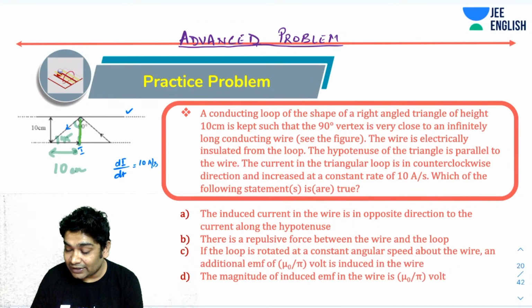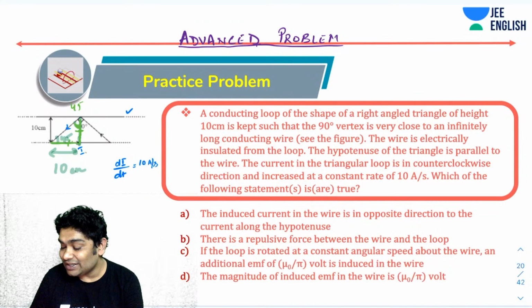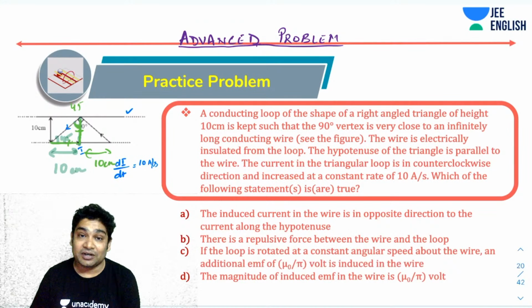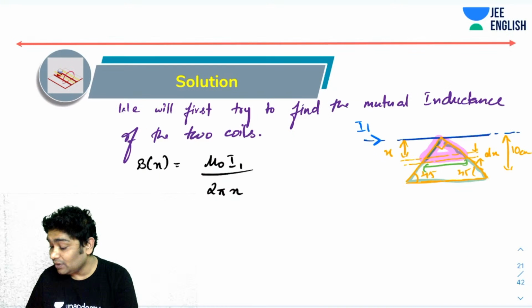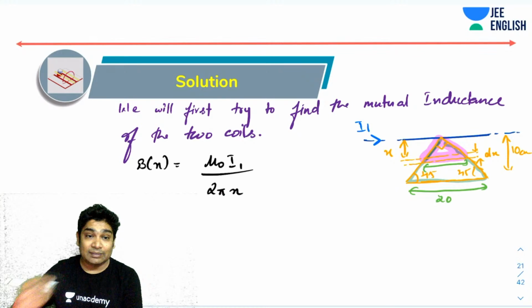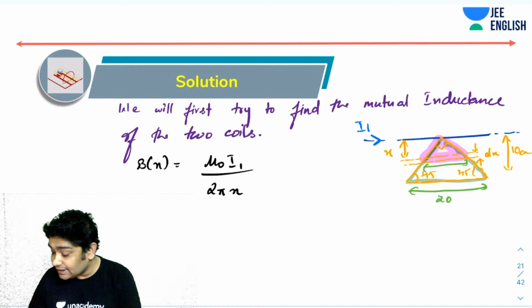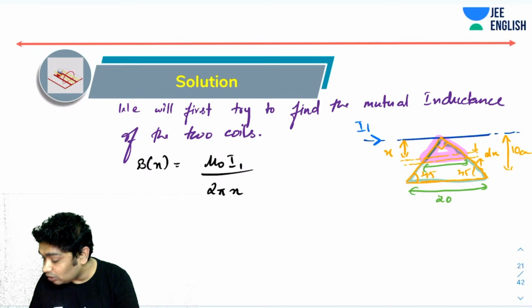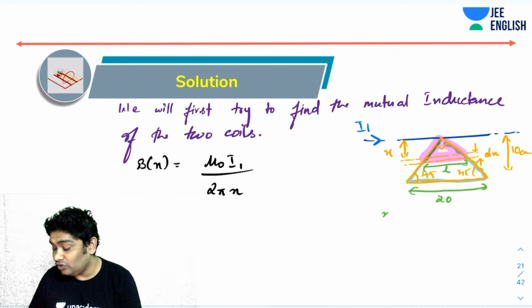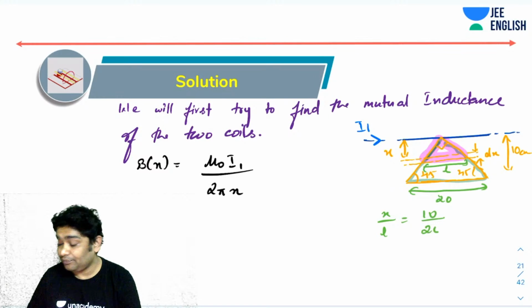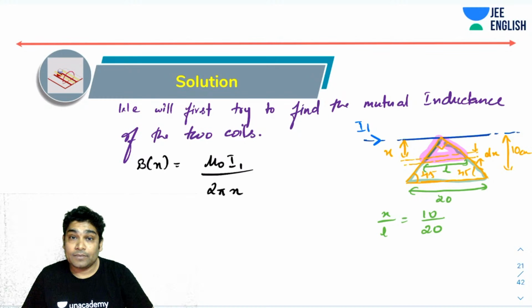If I draw like this, then this is 45, this would also be 45. So this and this both are equal to 10 centimeters. So I know the base also. The base is 20. From the similarity equation between the two triangles, let's call this length L. Can I say x over L would be equal to 10 over 20? Easy to see.